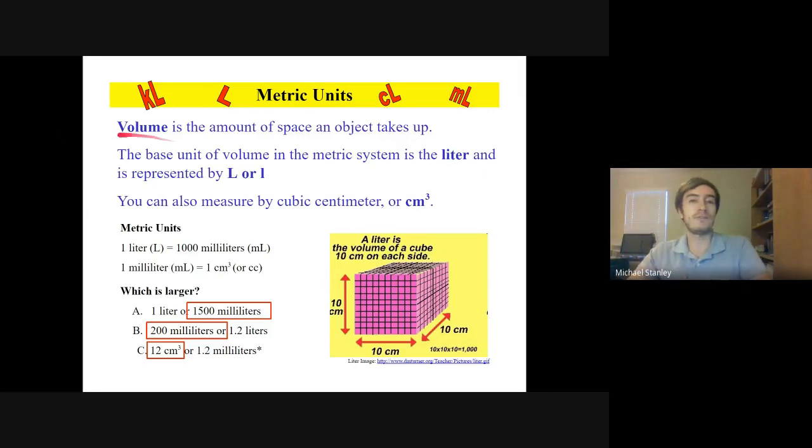And then in volume, our base unit is the liter. So that's kind of the original unit. And then when we go smaller, we can have milliliters, talking about solid mass. We can also phrase it as centimeters cubed. That's what the little 3 here refers to, as cubed. So length, mass, and volume: meter, gram, liter.